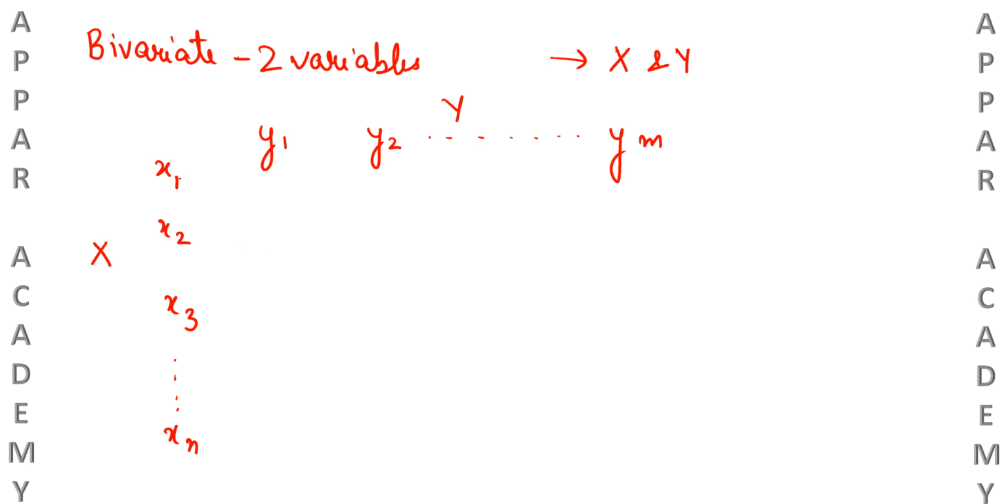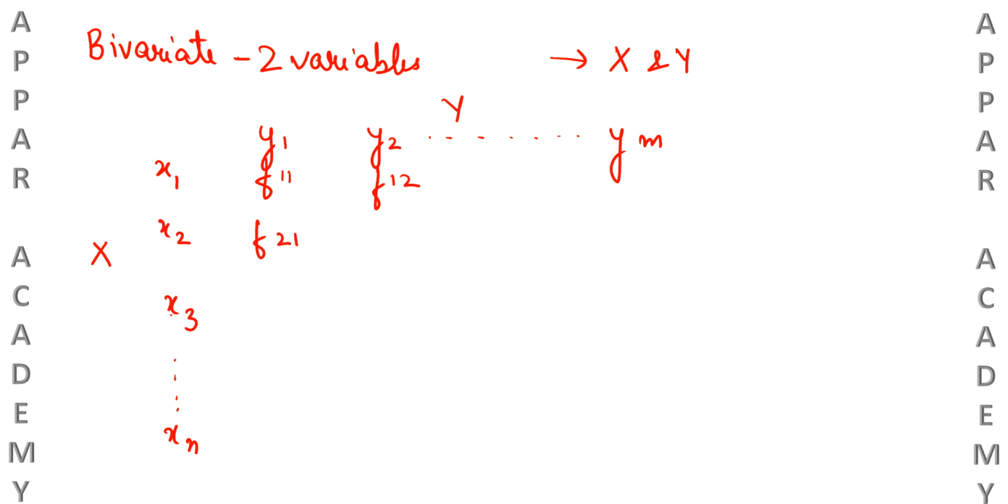Now let us suppose the frequency that x attains the value x1 and y attains the value y1 is represented by f11. The frequency that x attains the value x1 and y attains the value y2 is represented by f12. Similarly, the frequency that x attains the value x2 and y attains the value y1 is f21.